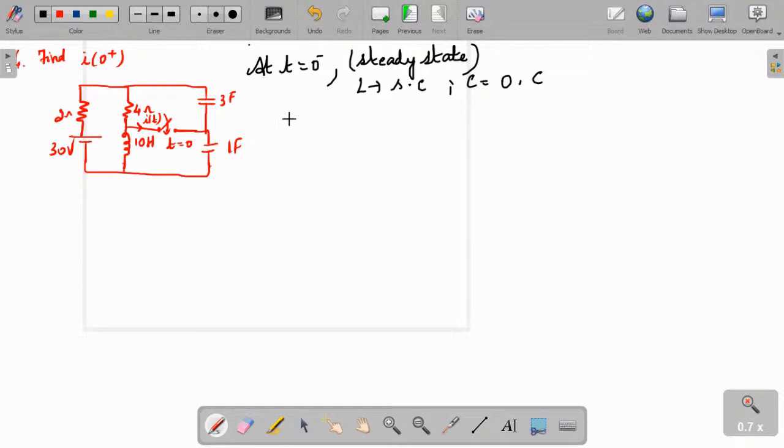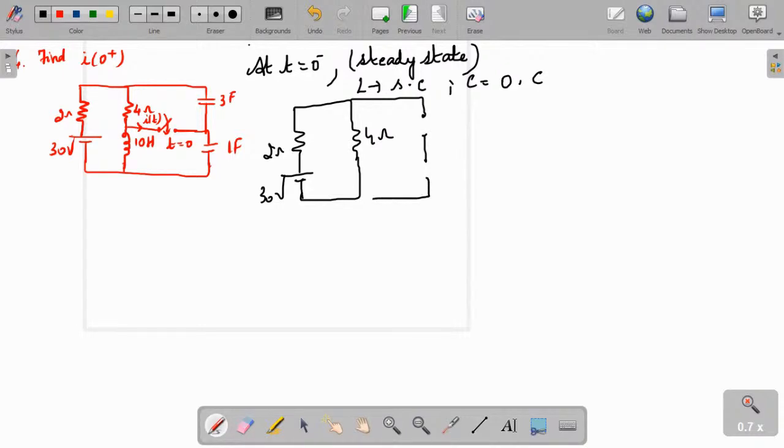Correct. So how will the circuit look? Resistor, you have your voltage source, this is 2 ohm, 30 volt. Here resistor 4 ohm, the inductor will be short circuited. Here the switch is open, and at t is equal to 0 it closes. And these capacitors are all open circuited, right?